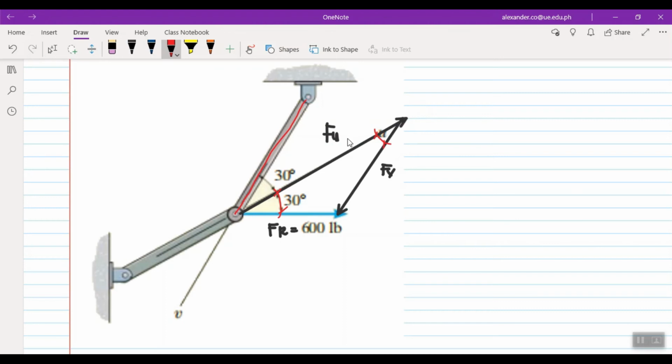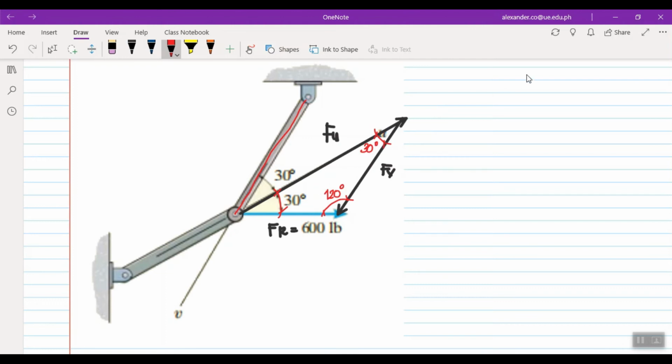So, kung parallel yan, kung 30 to, dito, also will be 30 degrees. Okay, so ano yung interior angle ng triangle? 180, di ba? So 30 plus 30, 60, the remaining will be 120 degrees. Okay? So 120 plus 60, total of 180. Okay na. So makukuha natin yung FU or FV.